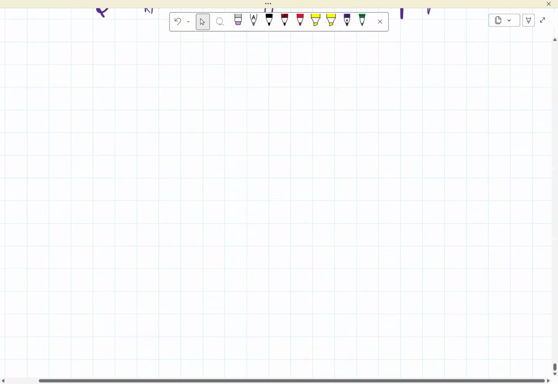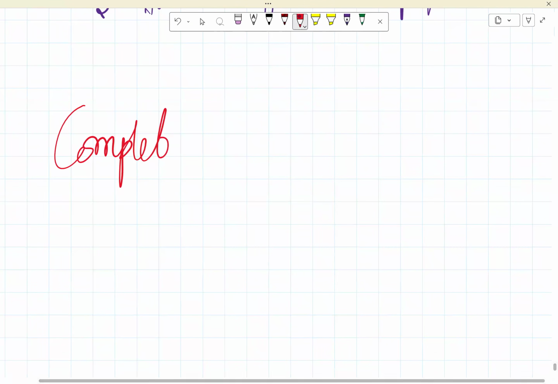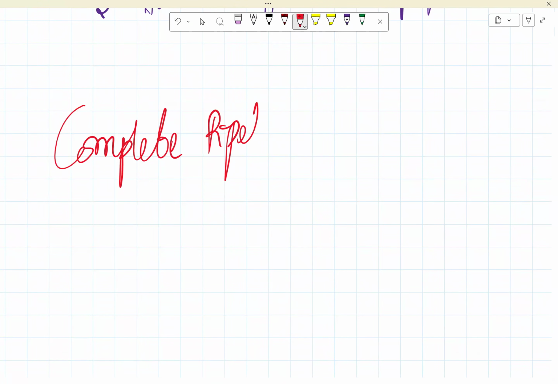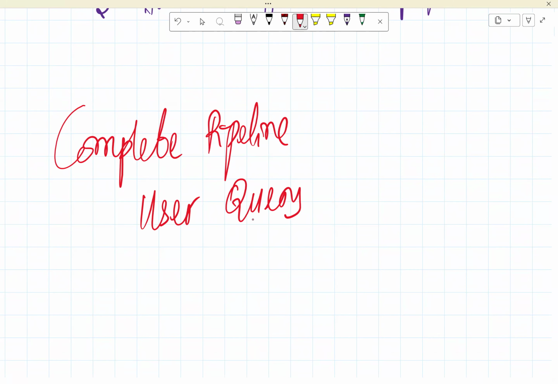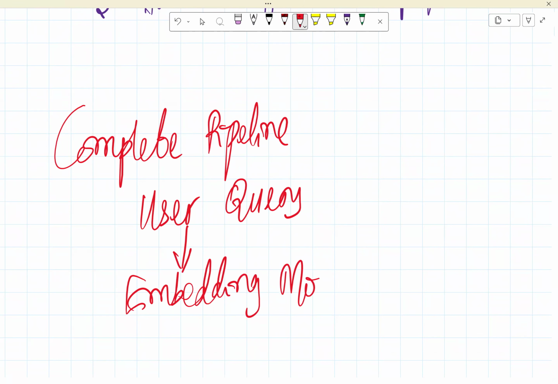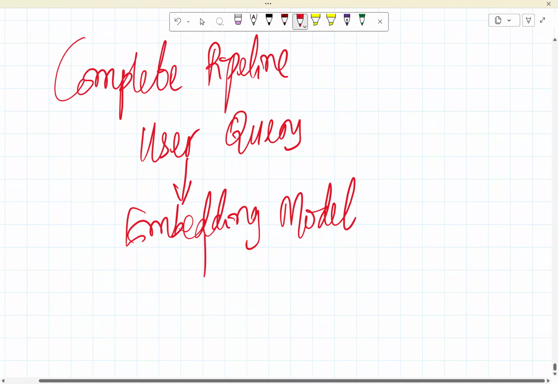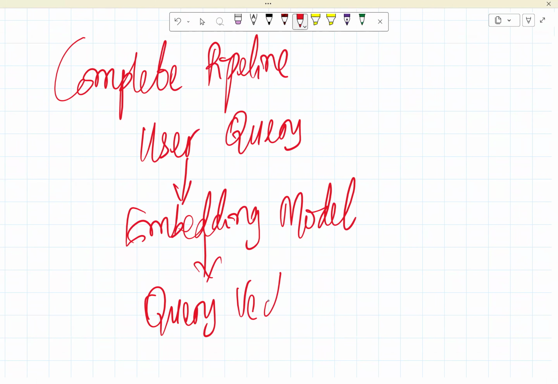So we can then have the complete pipeline. The complete pipeline can be something like this: you have your user query as the first step. Then you have the embedding model. Then you have the query vector. So once it's embedded, you can turn that into a vector.